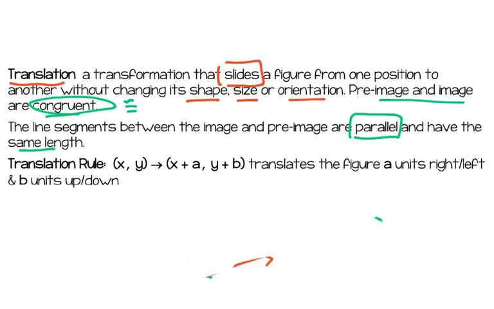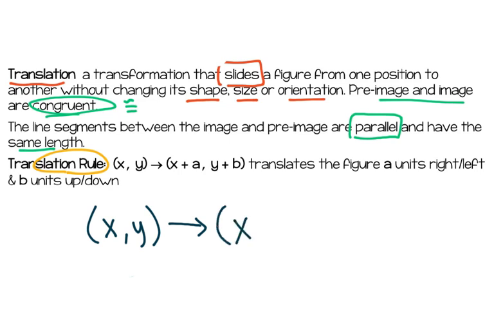Now when we write about a translation, we use something called the translation rule. And so when you talk about translations, this is how you need to write it. So first off, you say the point xy, and then you're going to say it changes according to this. That's what the arrow means, so you can't leave the arrow out. And then you're going to say the x is going to be changed by a. So if you're going to move it right, you'd say plus 2, so x plus 2.